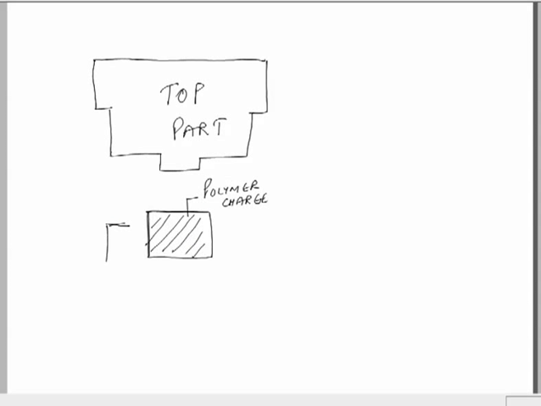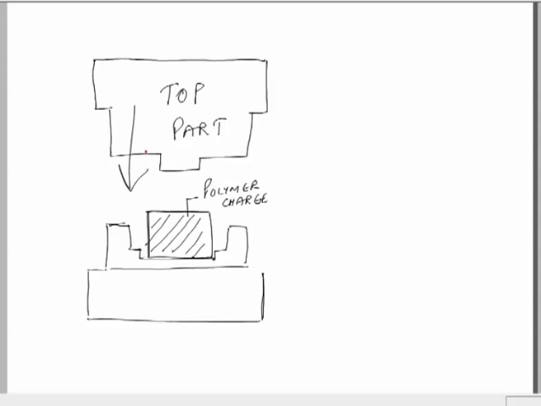we can have a bottom part also. So we have a bottom part which is placed on the table. So the top part would move down and we have a bottom part.